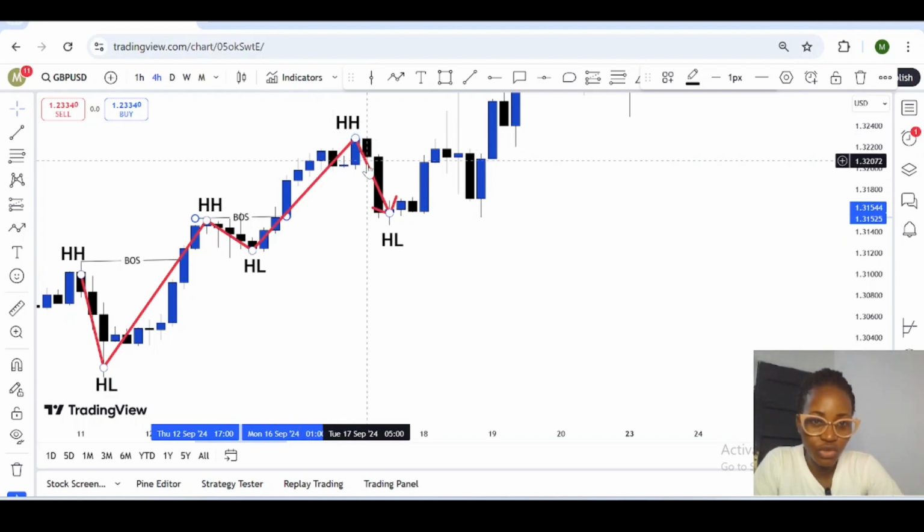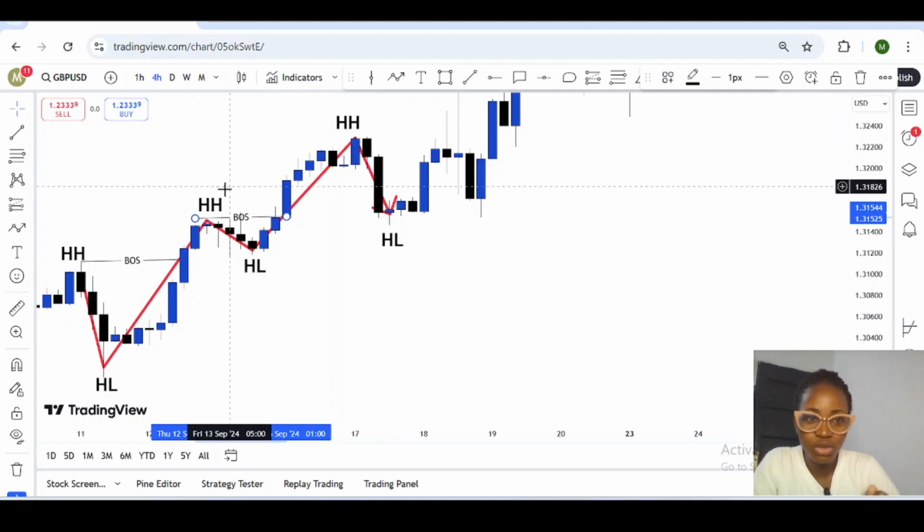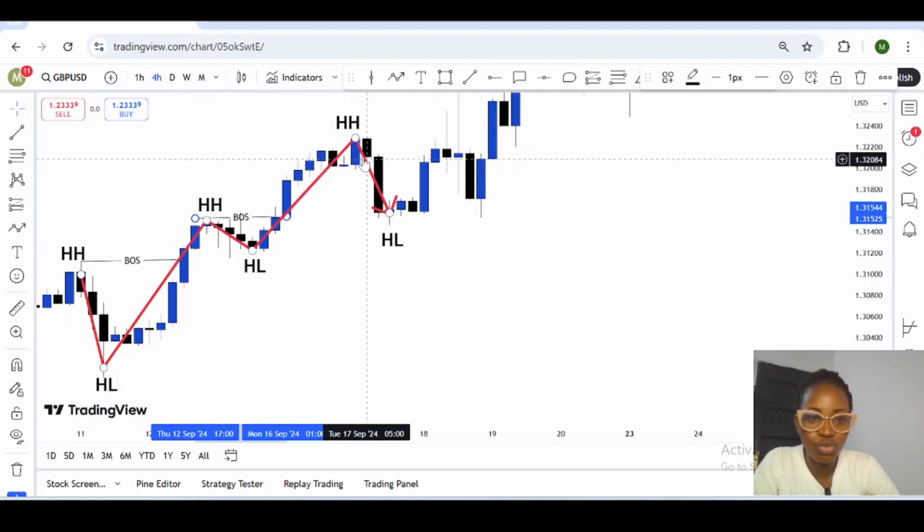From this point of rejection, pushing to the downside is where we have our new higher high. This was the previous higher high. And from this point of rejection, we now have a new higher high here. So after a higher high, we are expecting a higher low. Okay, so as we are having this swing low, price is trying to create a higher low.